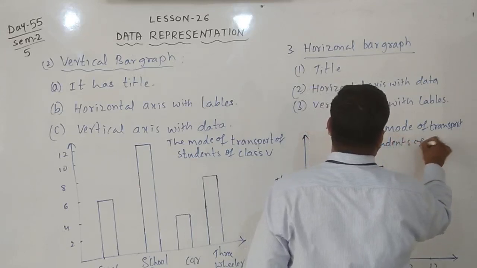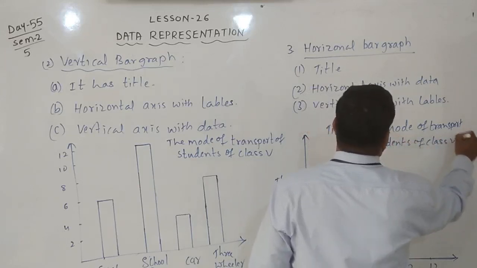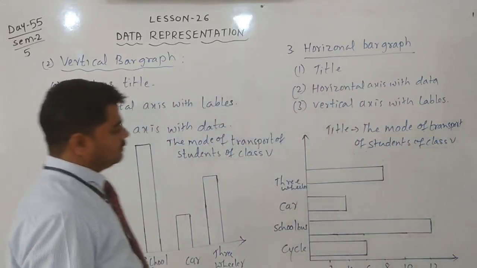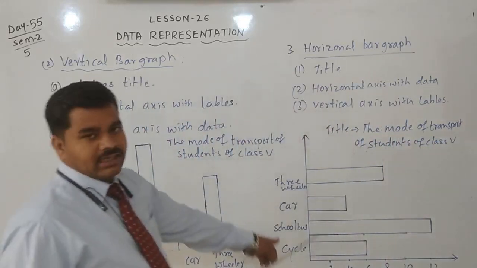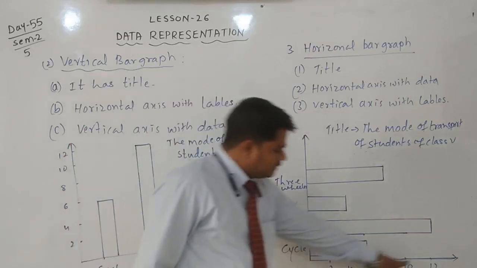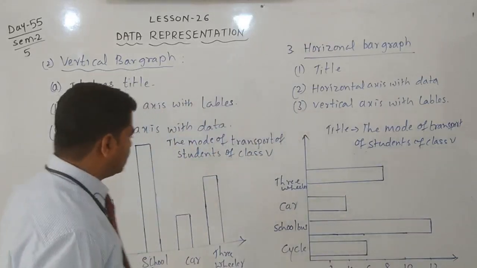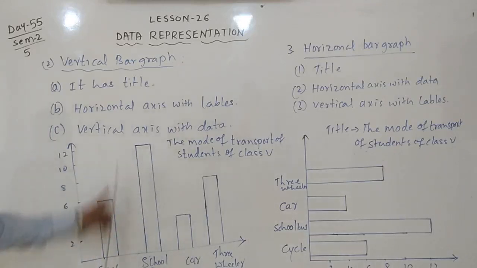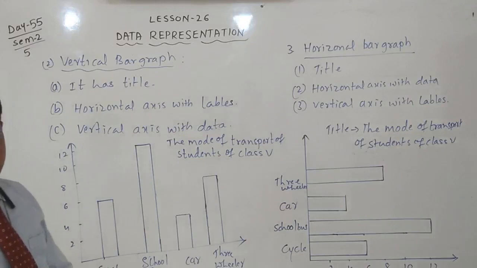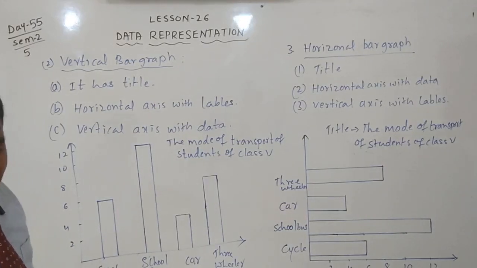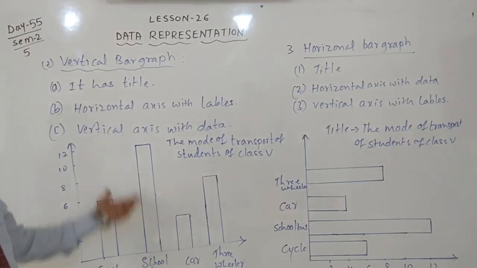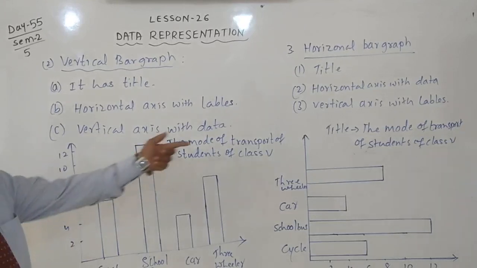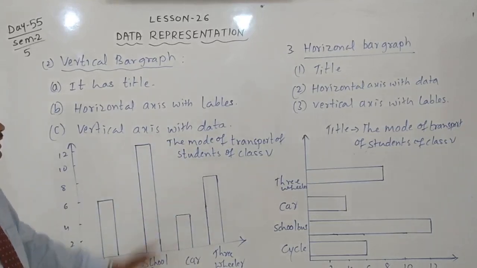Here labels are in the vertical line and data is horizontal. Here labels are horizontal and data is vertical. This is about 3 graphs: pictograph, vertical bar graph and horizontal bar graph that we can represent.